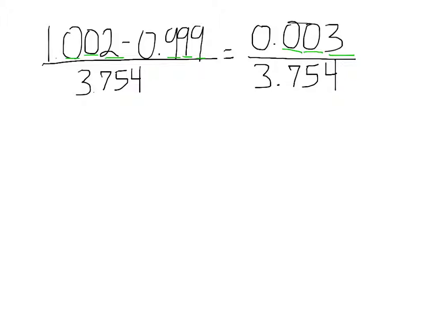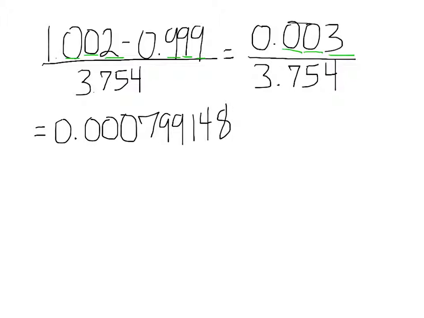So 0.003 divided by 3.754, the answer is, I'll write it down here, this equals 0.000799148.